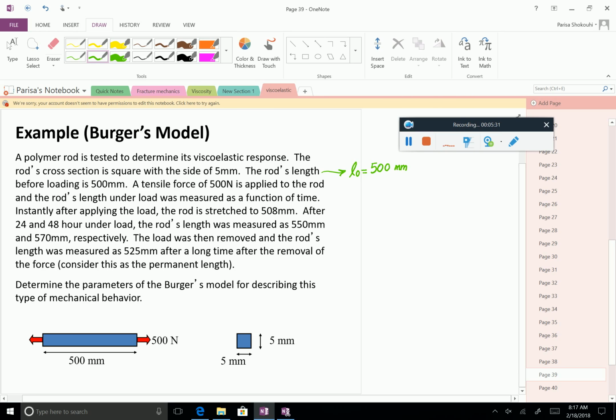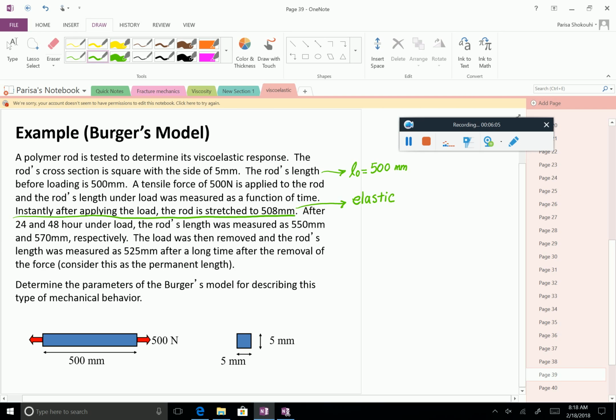So we apply a tensile force and we measure how it changes over time. First, when we apply it, instantaneously the rod is stretched to 508 millimeter. So when we say instantaneously, we have to immediately think elastic, right?